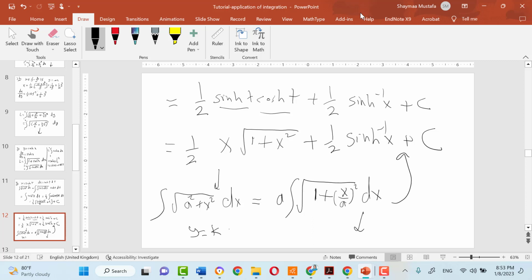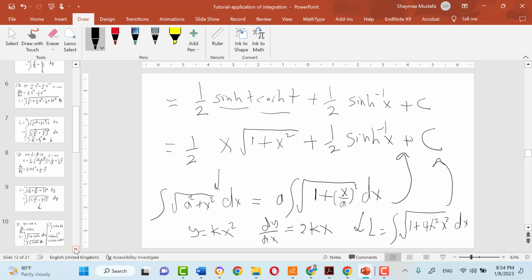You have y equals kx squared, so dy over dx is equal to 2kx. So apply the rule that the length is equal to the integration of the square root of 1 plus 4k squared x squared dx, and you can use also the same formula. Okay, these are some tips on how to solve question number 4.